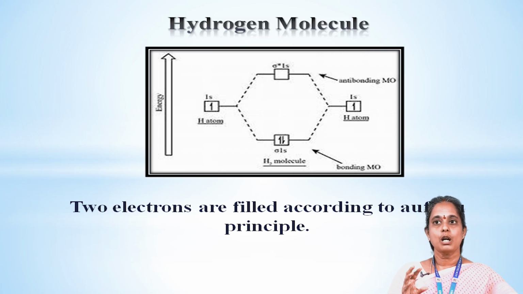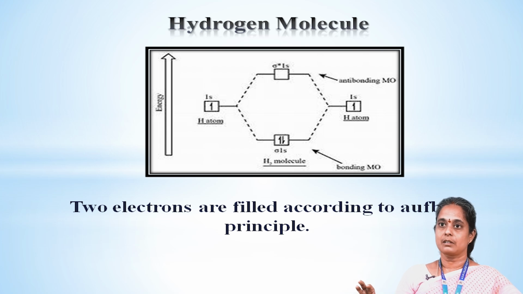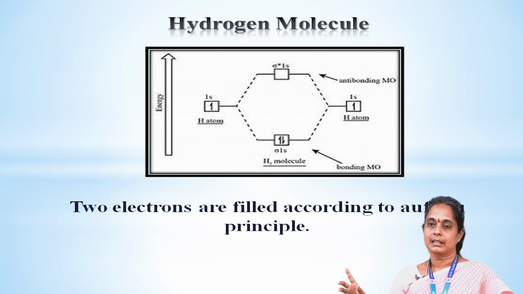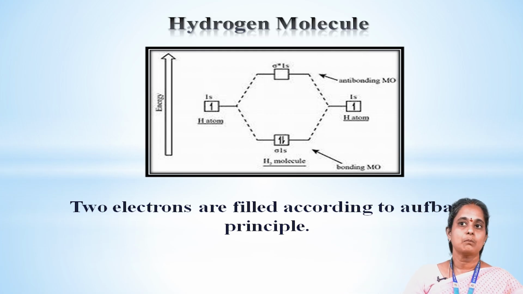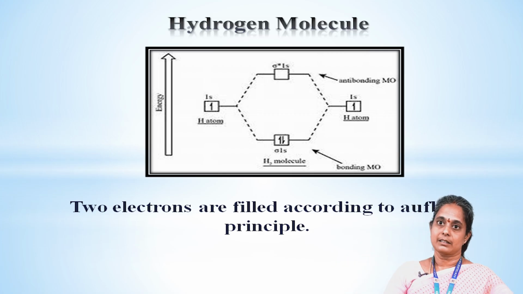The bonding molecular orbital which is formed from 1s atomic orbitals is denoted as sigma 1s. The electron density in the bonding molecular orbitals is more in the internuclear region than at the ends.